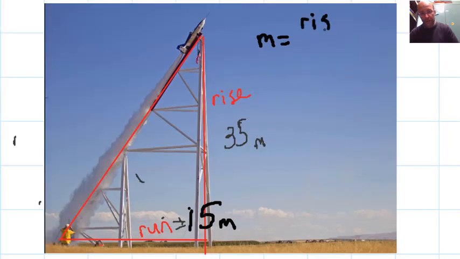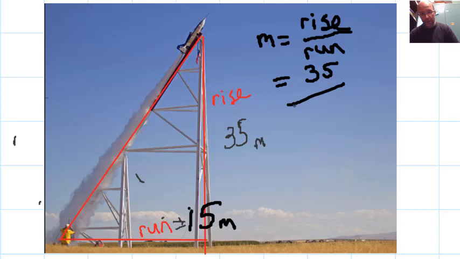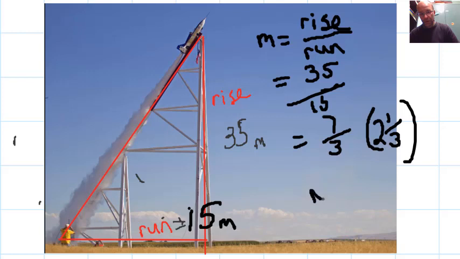The gradient, or m, is rise over run. The rise is 35. The run is 15. We can simplify that: 7 over 3. You can leave it like that. You don't need to change an improper fraction, and this is simplified. If you really feel a need to, that's 2 and 1/3. There are no units because it's a comparison of like things. It's actually just like a ratio. There's no units.